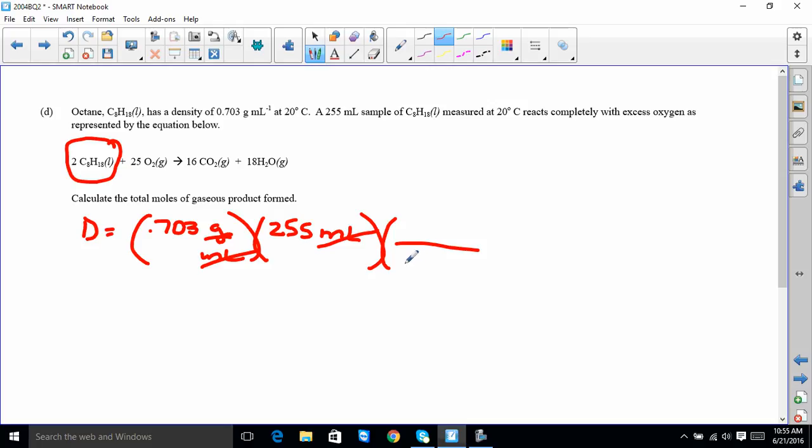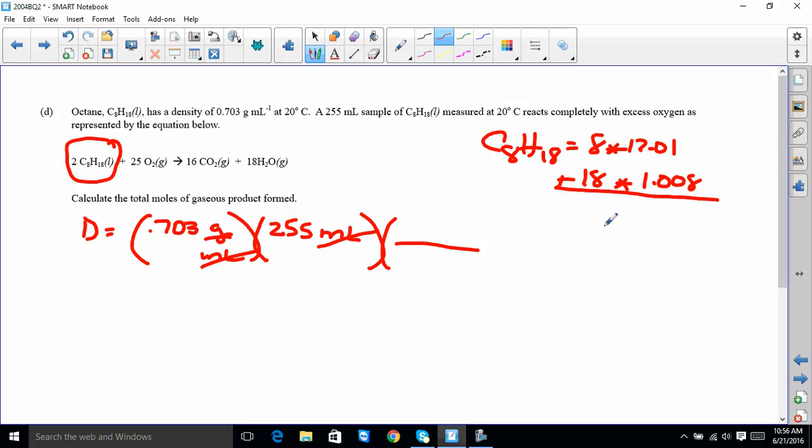So when I do C8H18, the molar mass is going to be 8 times 12.01 plus 18 times 1.008. And when I do that, I end up with 114.22 grams per mole. This has 2 decimal places, this has 3. And because grams is on the top, the 114.22 grams is equal to 1 mole of octane, so C8H18.